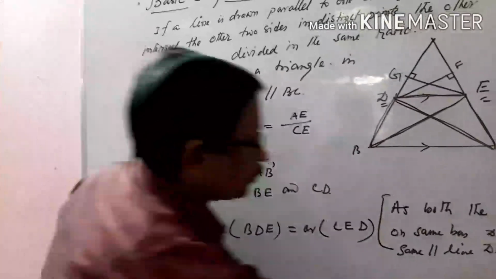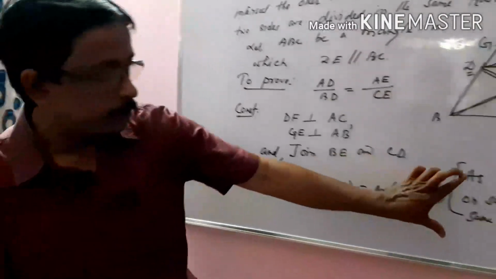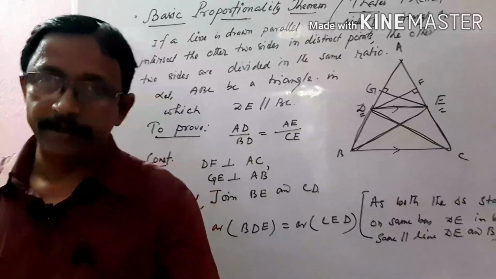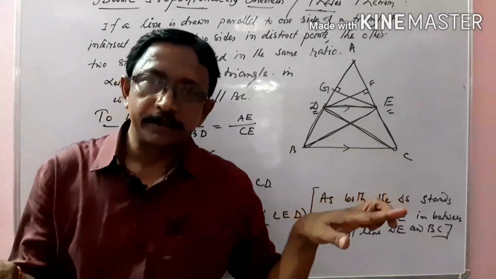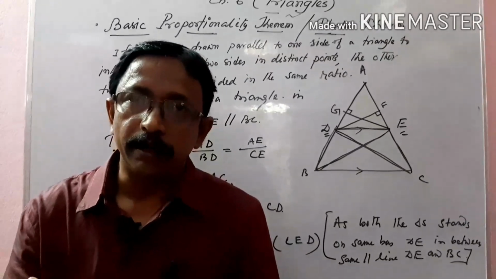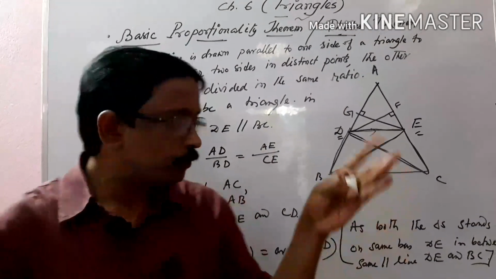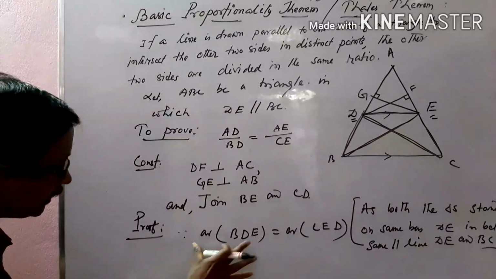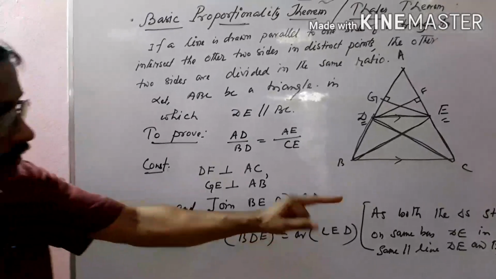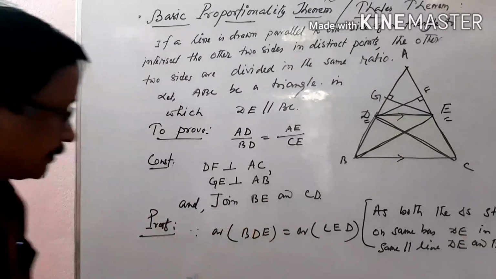Okay. So in class 9, you have learned this property. What is that property? Once two triangles stand on the same base within the same parallels, then the areas are equal. In which class have you learned this concept? In class 9. So with this concept, first you write area of BDE and area of CED both are equal.